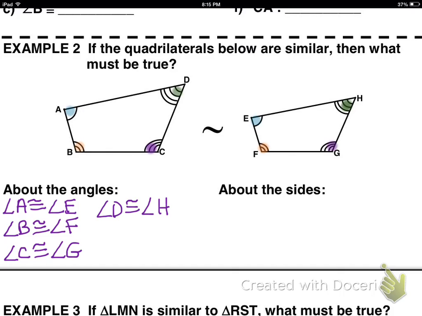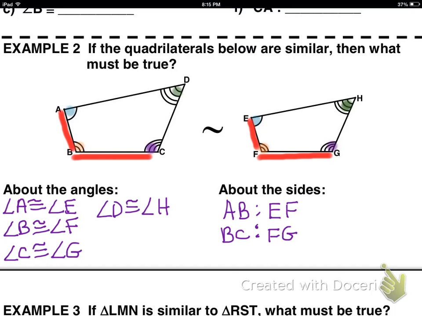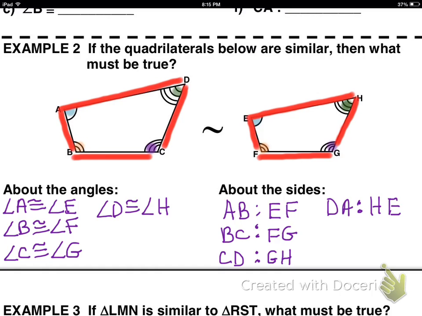We can also say this about the sides, that side AB can be written as a ratio with side EF. The same can be said for sides BC and FG, sides CD and GH, and side DA and side HE.